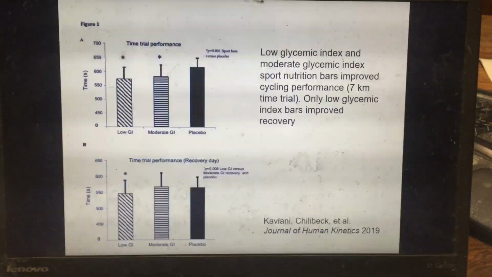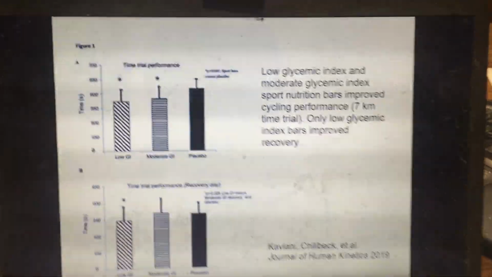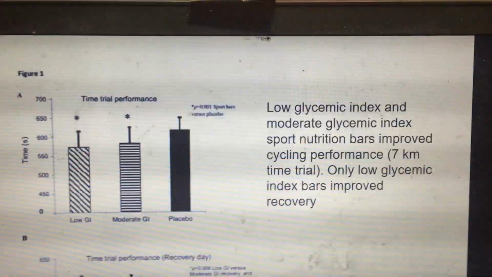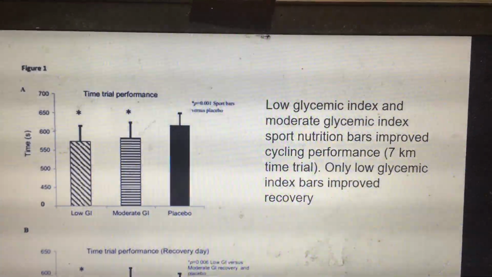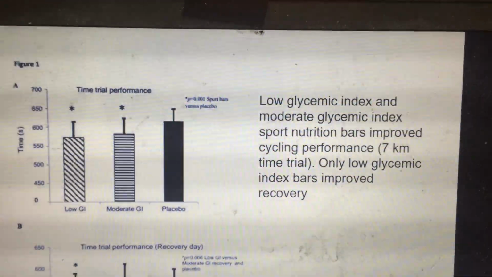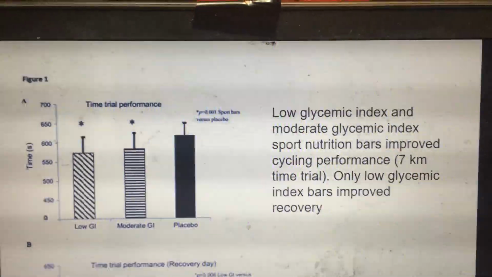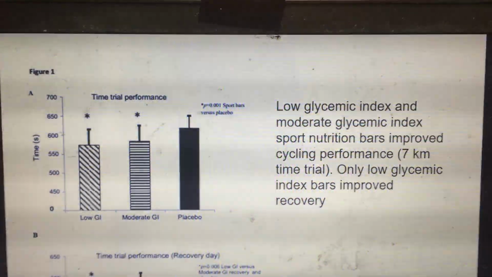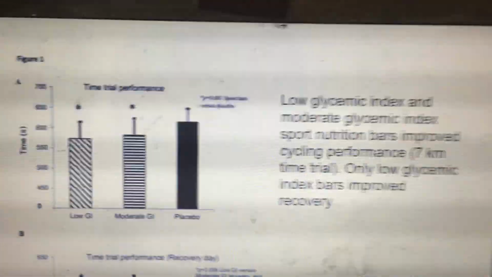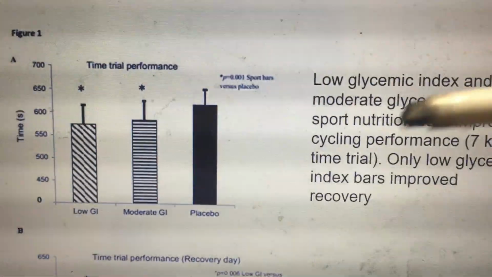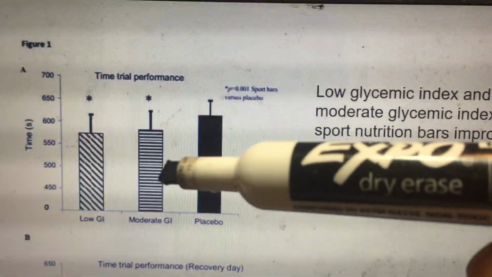Again, this is sport nutrition bars, and this is the effects on cycling performance. In this study, we used a low glycemic index sport nutrition bar or a moderate glycemic index sport nutrition bar, and we gave them to cyclists before they did a 7-kilometer time trial. This graph represents their time trial performance.